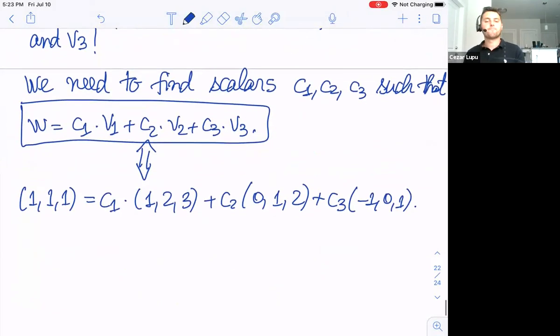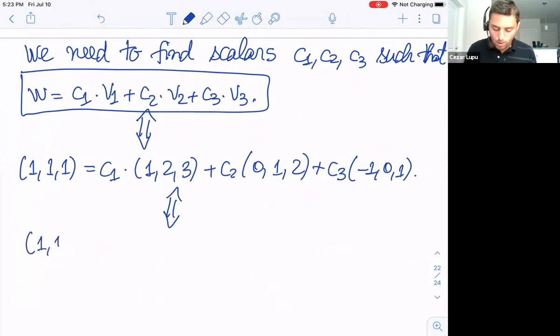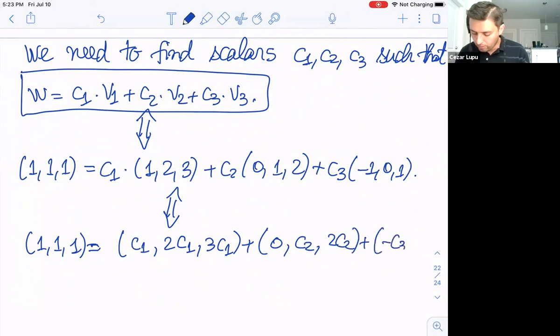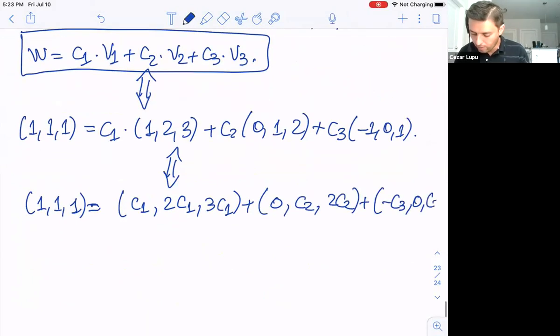Okay, that's great. Now, guess what? You're going to do the basic operations with vectors that we have learned, and this will be equivalent with (1, 1, 1) equals, let's do it, (C1, 2C1, 3C1) plus (0, C2, 2C2) plus (-C3, 0, C3).